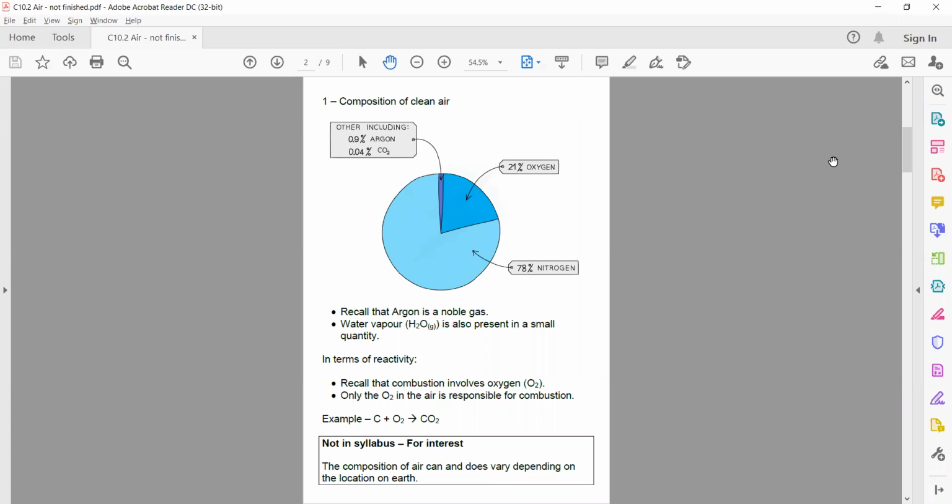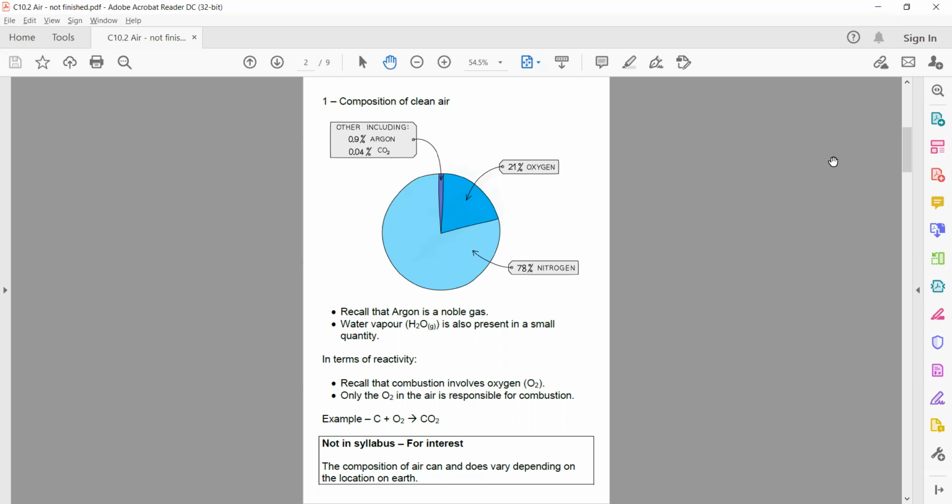Then there are other gases, including argon and carbon dioxide, as well as other noble gases, and a bit of water vapor as well. Recall that in terms of reactivity, combustion only involves oxygen. So if you light a candle, for example, it's going to react with the oxygen in the air, but the nitrogen is relatively unreactive. It's not really doing much, it's just sitting there.